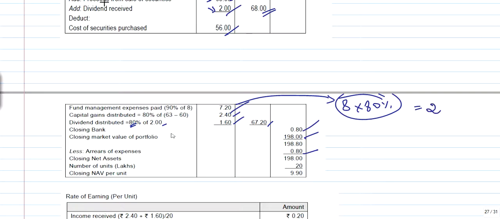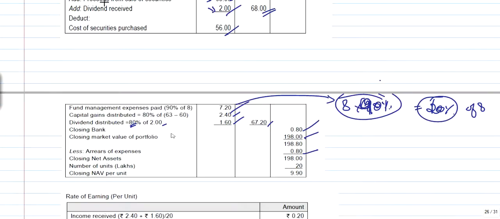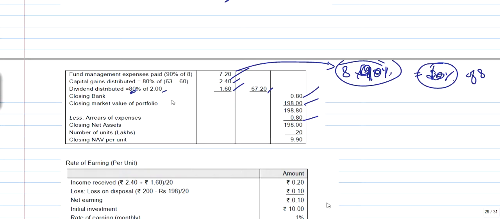This arrears, 10 percent arrears of 8 lakhs, here 90 percent paid, 10 percent arrears, 0.8. Then we will get the closing net asset.